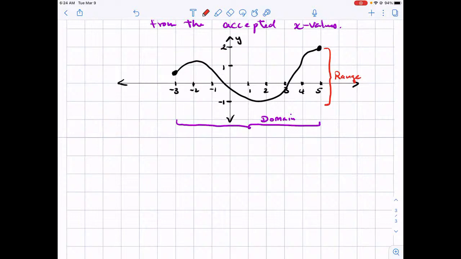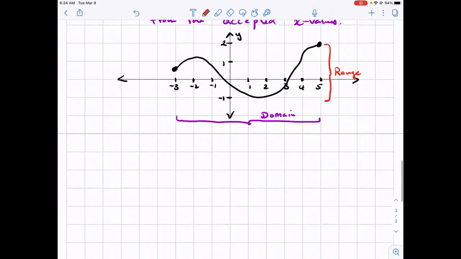So generally, if we have to write the domain for this function, it would be brackets, and we get brackets because this is a solid dot. -3, comma, and notice that there is no break, there is no part in the graph, if you trace it, that is not continuous. And that will go up to 5, and once again, a bracket. So we use a bracket when the endpoint is included.